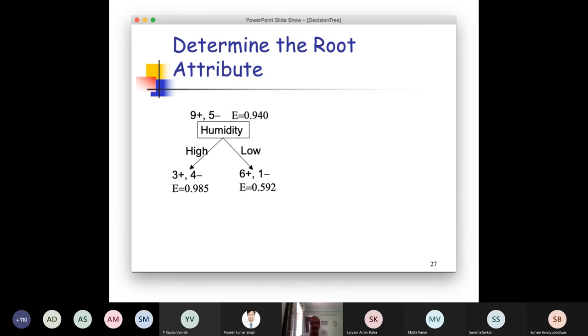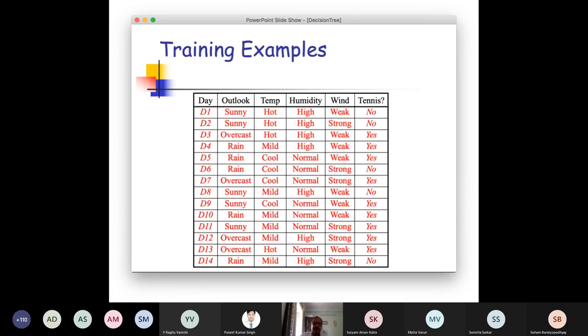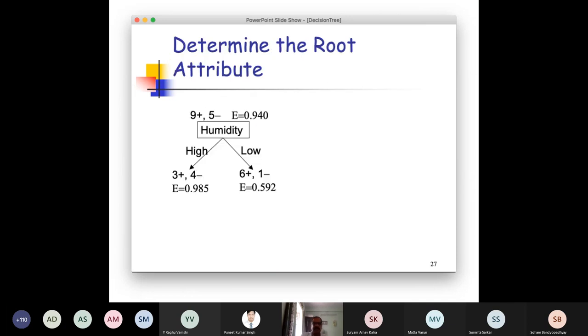Now, our task is to choose the attribute. The candidate attributes here are outlook, temp, humidity, and wind. We will choose one of them based on the information gain. Here I have shown the computations if we consider humidity as a potential attribute.